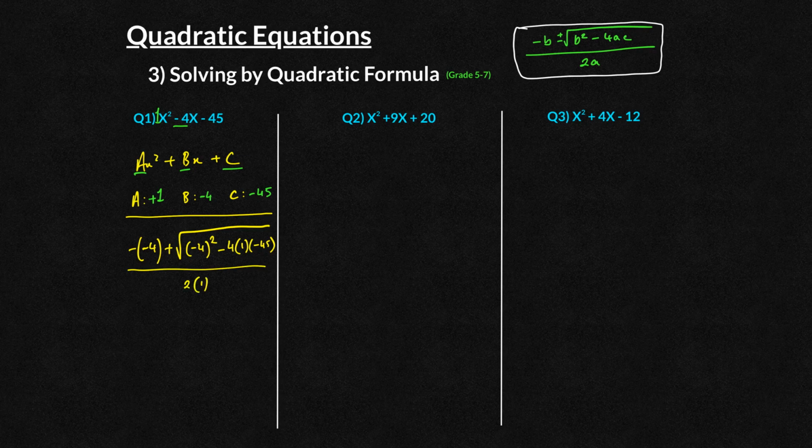2a. Now please, no matter how easy you think it is, say for example this bottom section here, you could be thinking, oh, 2 times 1 is just 2. I would strongly suggest that you substitute the values in as you see them and let the calculator do its work.